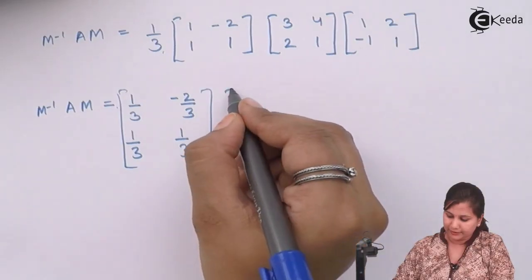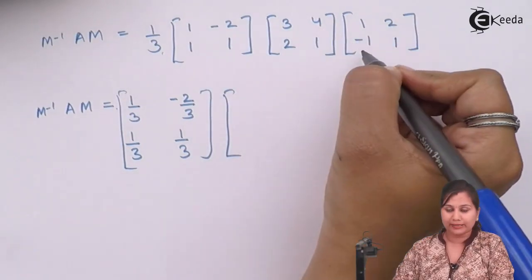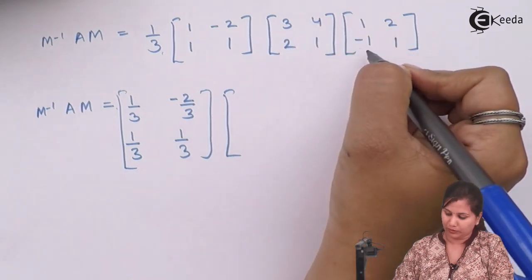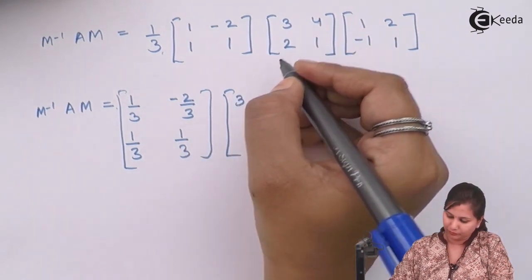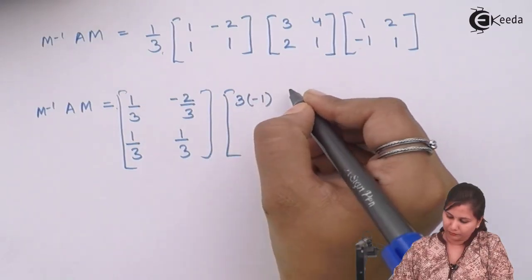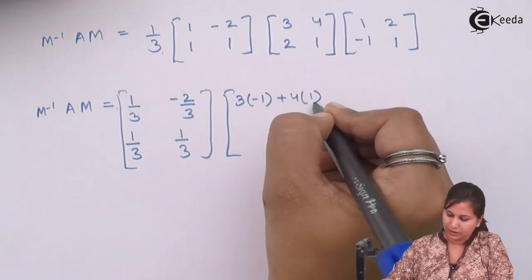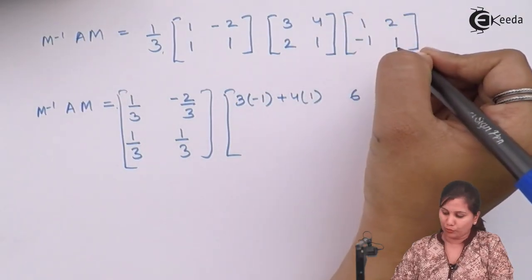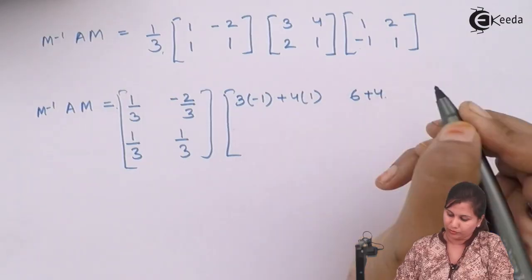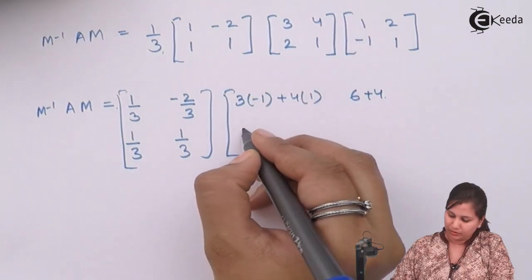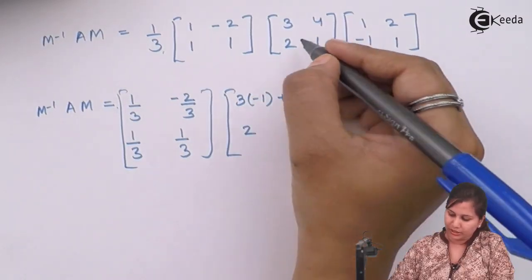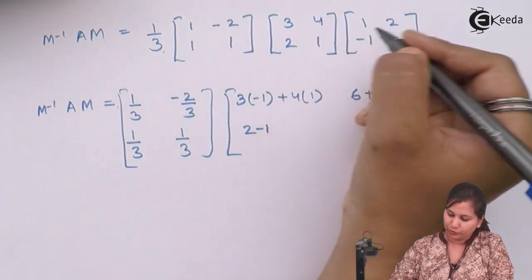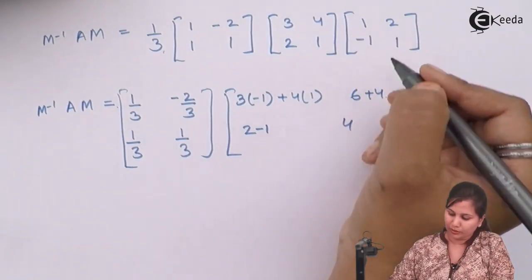Then multiply this 3 into minus 1, then 3 into 1 and 4 into minus 1. Then 3 into 2, 3 2s are 6 plus 4 into 1, 4. Then we have 2 into 1, 2 and 1 into minus 1 is minus 1. Then we have 2 into 2, 4 and 1 into 1 is 1.